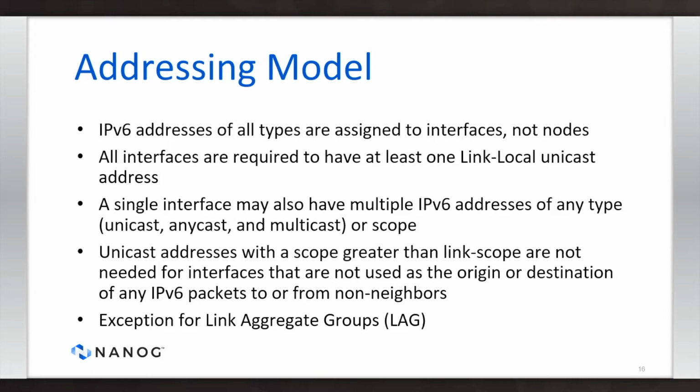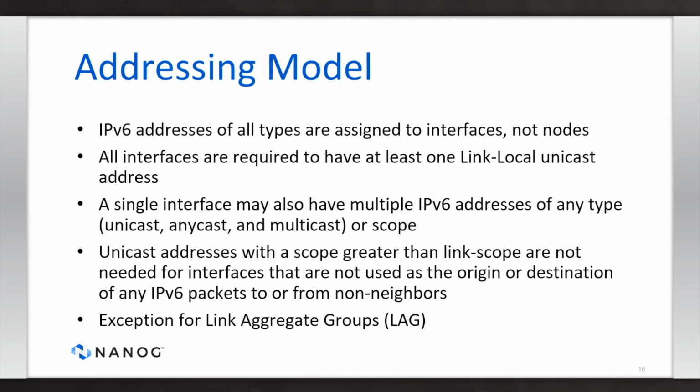So an interface might have 3 unicast addresses, one of which is link local, one of which is global, one of which is ULA. It may subscribe to a few multicast groups, so it has a couple multicast addresses, and it might have an anycast address too. Unicast addresses with a scope greater than link local are not needed for interfaces that do not originate or consume packets on their own.